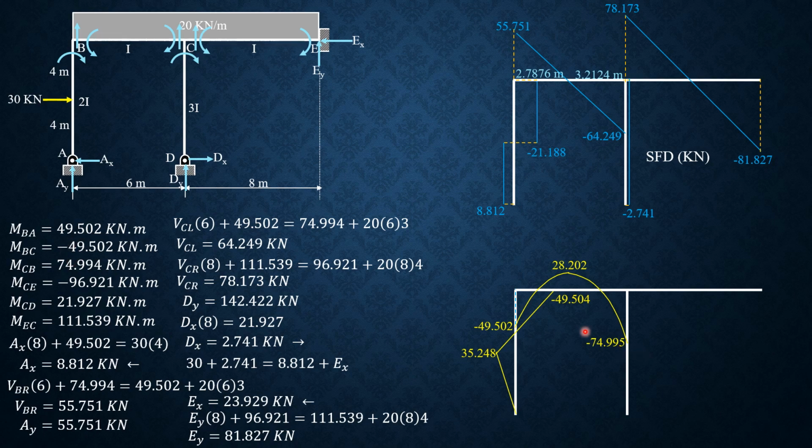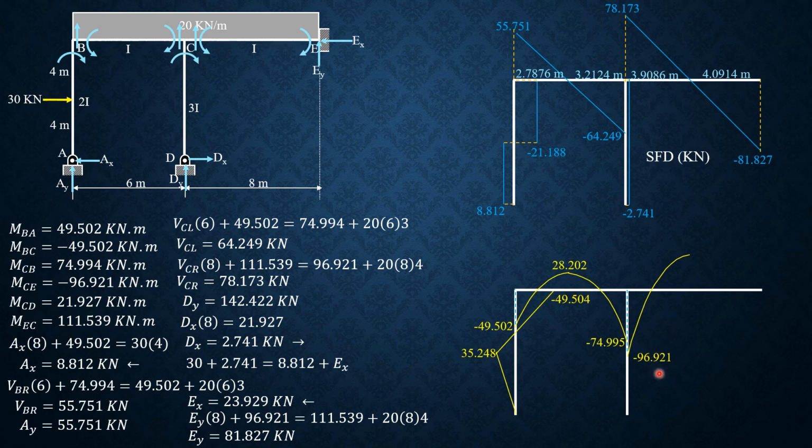It closes there. Then moment CE is negative 96.921 plus the area here, 1/2 of, so we have to solve this distance, 78.173 divided by 20, 3.9086, or you solve that by similar triangles. Then this is 8 minus 3.9086, so that's 4.0914.